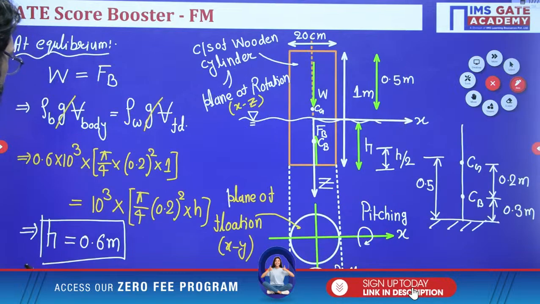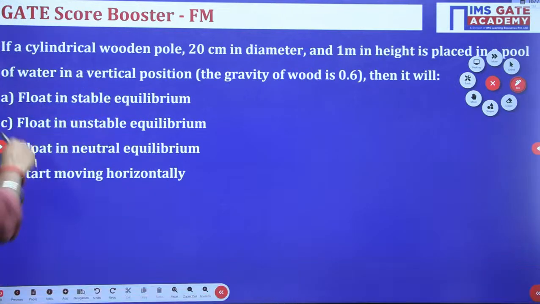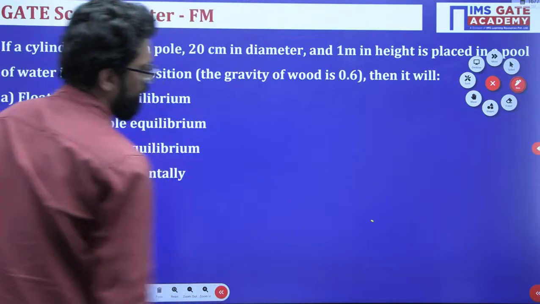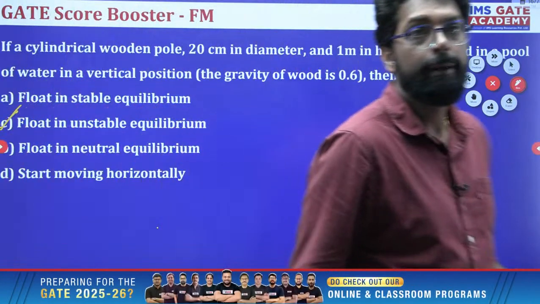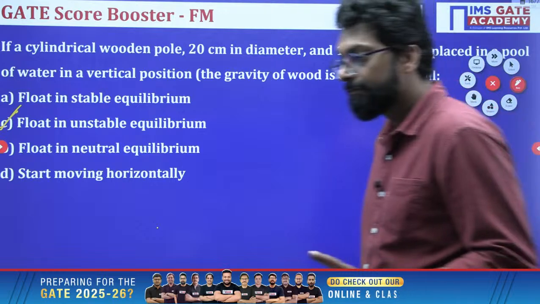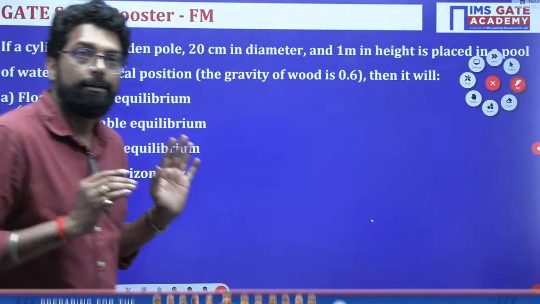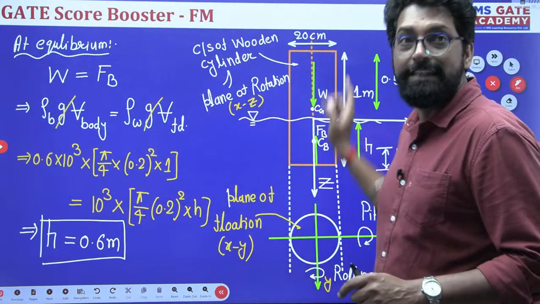So my dear, float with a stable equilibrium, float with unstable. Option C is correct. Clear? Such types of questions are supposed to be asked. So how to find? First find the depth of immersion.